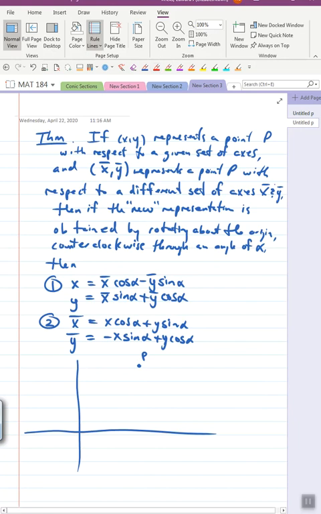Do you agree that when I say that point P is represented by coordinates x, y with respect to these axes, what that really means is you start at this origin and you go right by the amount x and you go up by the amount y, and that's how you locate that point. So far, so good.